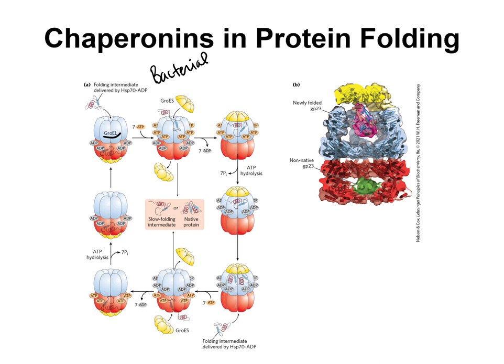And one at a time, a new polypeptide comes in. GroES says, all right, you're going to stay in here now. And ATP is hydrolyzed to help the protein actually fold properly. And once that protein is folded properly, then you've got the release of that protein.